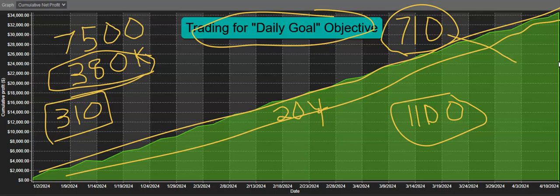So, start out small and then incrementally build your daily profit objective. And remember, your daily profit objective feeds your weekly profit objectives that feed your monthly and your yearly.